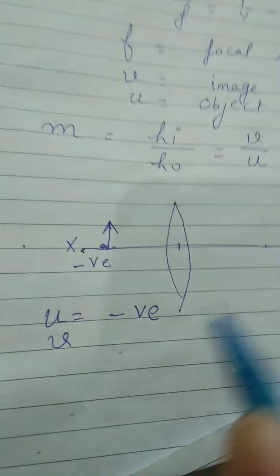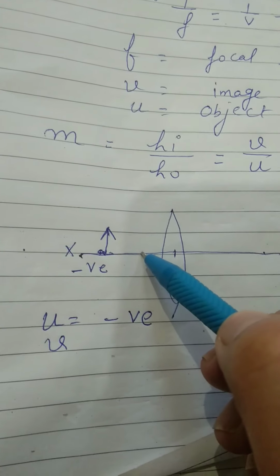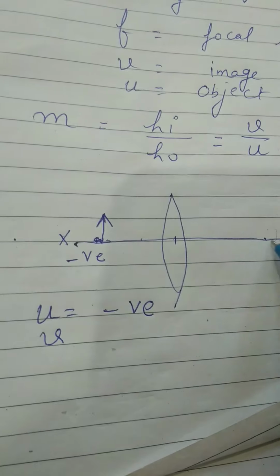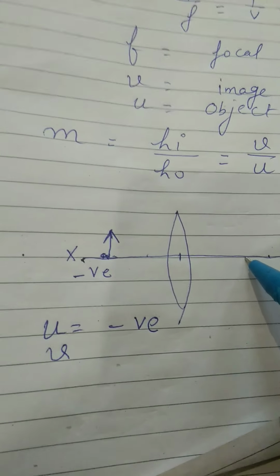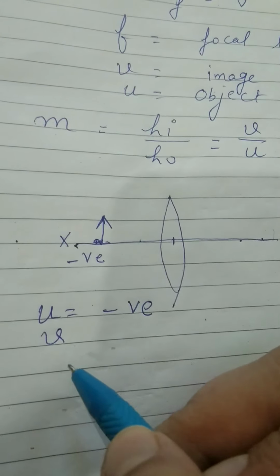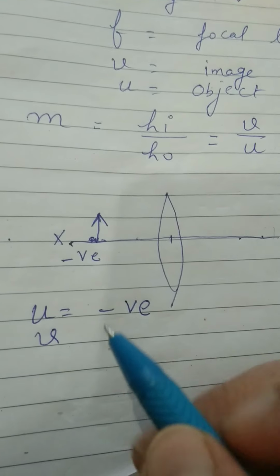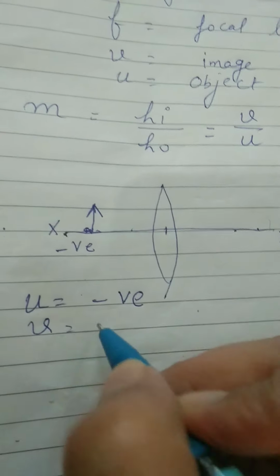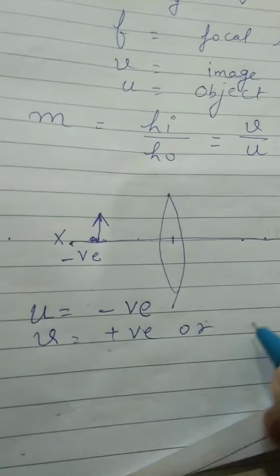The image can be formed on the left hand side and sometimes on the right hand side. So v, the distance of the image from the lens, can be positive or negative.